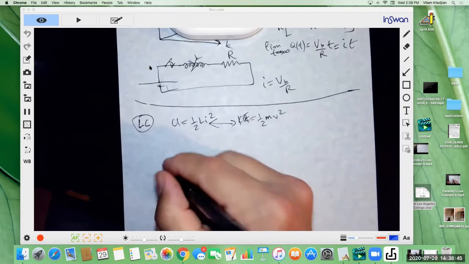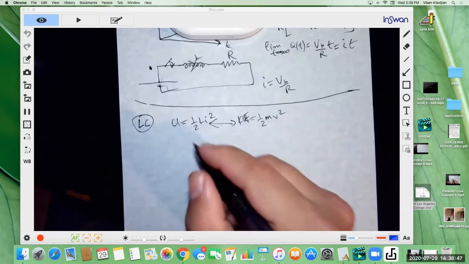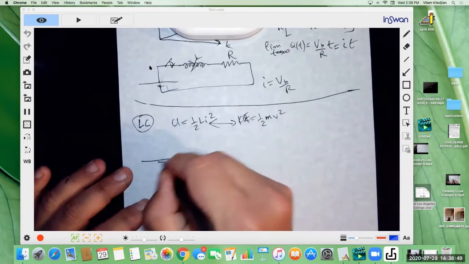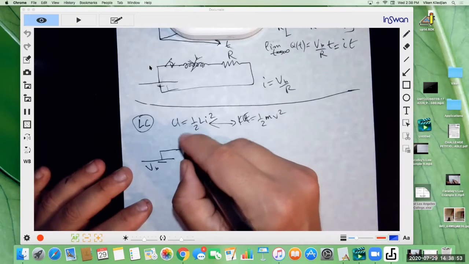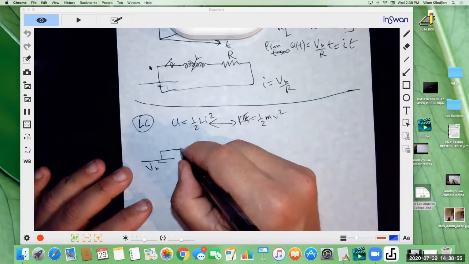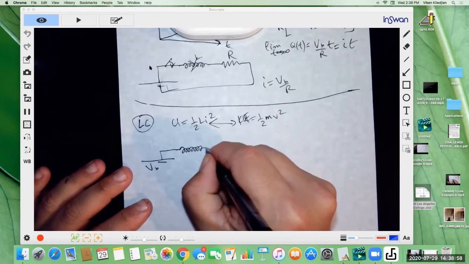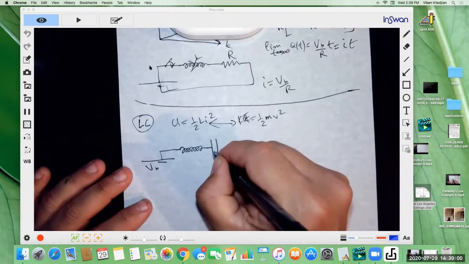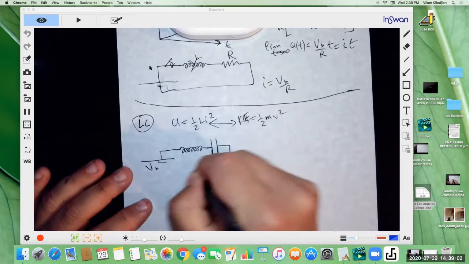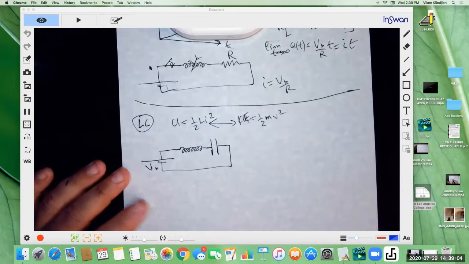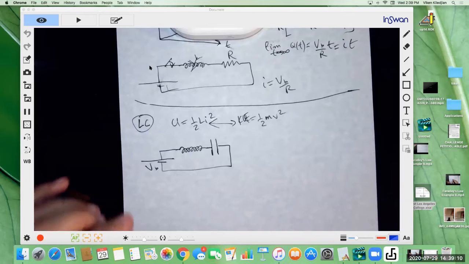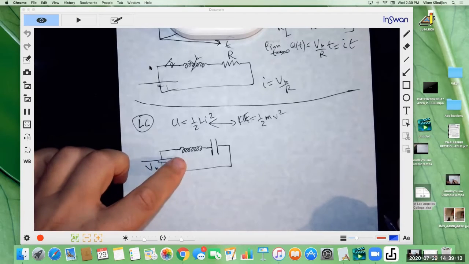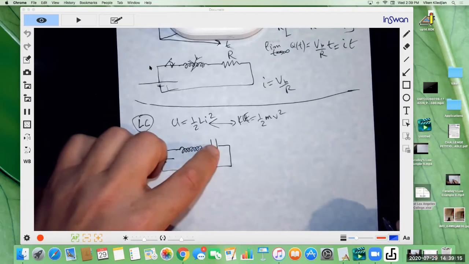Okay, so now let's do the LC circuit. So you have a battery, inductor, and then capacitor. Right, and then that would be a charging LC circuit.